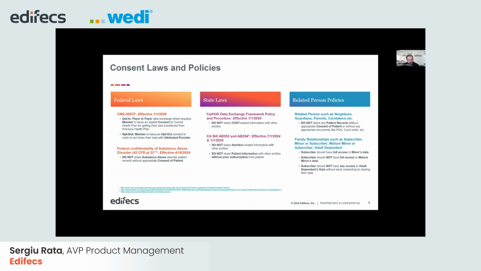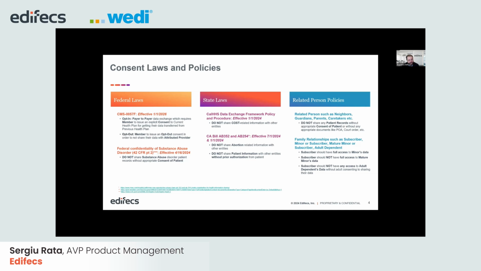On the federal level, CMS 57F itself talks about the so-called opt-in and opt-out clauses. For peer-to-peer exchange, the member has to issue an explicit consent to opt in to the exchange, while from the provider API perspective, the member has the option to opt out of this communication.